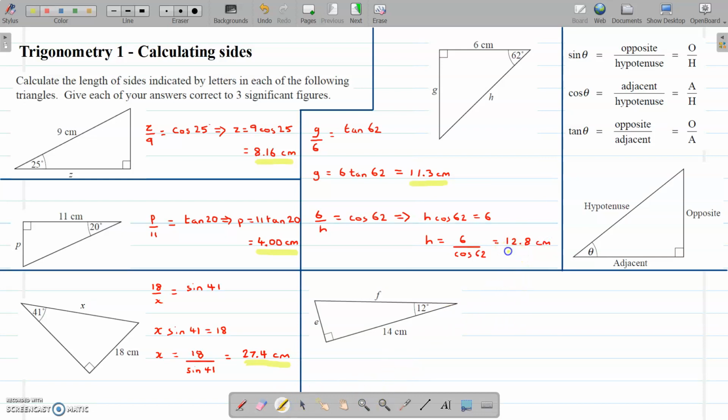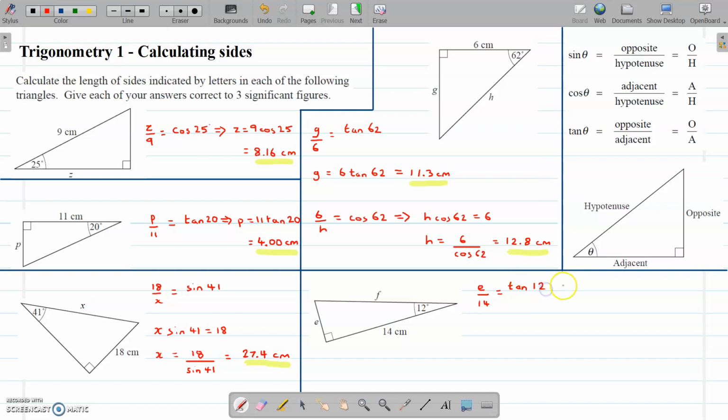And the last one, we've got two to do here, E and F. If we look at E first of all, I can say that E over 14 is opposite over adjacent, because F is the hypotenuse. So E over 14 is equal to the tan of 12 degrees, because it's opposite over adjacent.